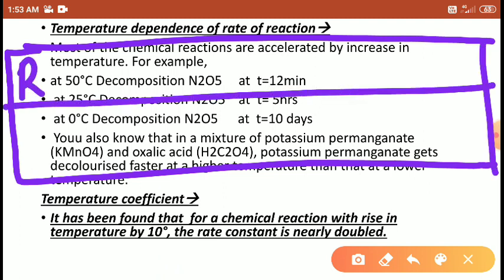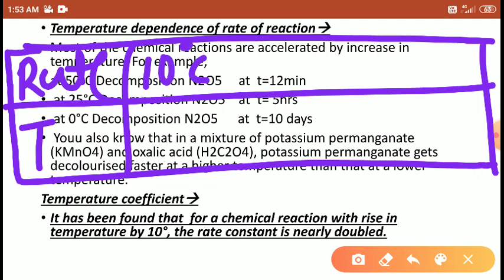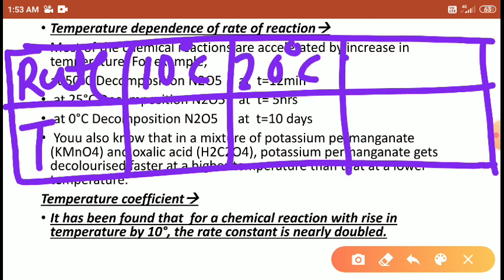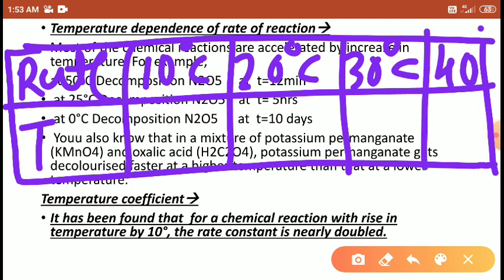Here I am using rate, and here I am using temperature: 10 degrees Celsius, 20 degrees Celsius, 30 degrees Celsius, 40 degrees Celsius.